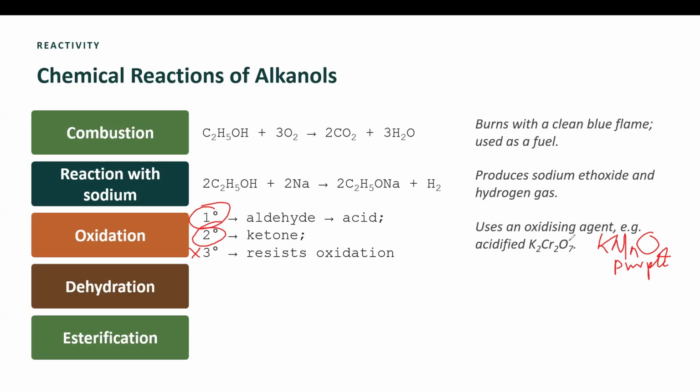So in case you are asked how do you tell if an alkanol is secondary or tertiary, you can tell with acidified KMnO4. The tertiary alkanol is going to resist oxidation, meaning that the KMnO4 is going to remain purple.